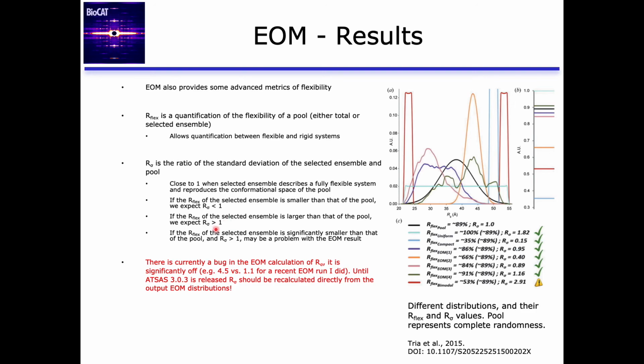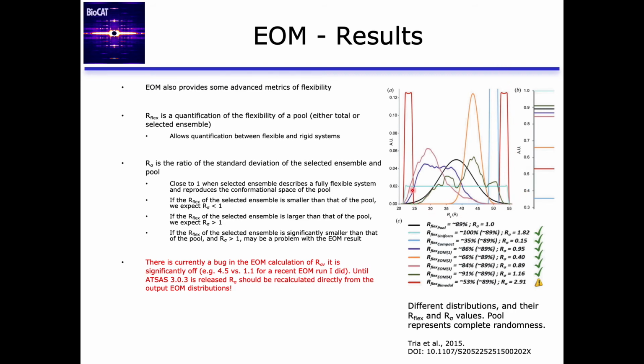And so if R-flex of the selected ensemble is significantly smaller than that of the pool, and R sigma is greater than 1, there might be a problem with your EOM result. That's illustrated in these distributions over here. Here we're seeing black as the pool that was calculated, and then the one case where we're seeing this extreme R-flex less than the pool, R sigma greater than 1, is this bimodal distribution shown in red.